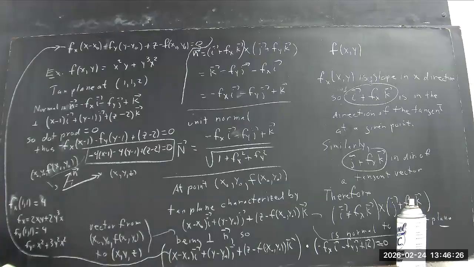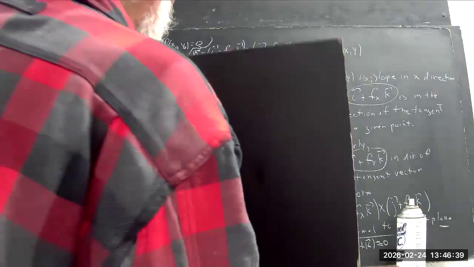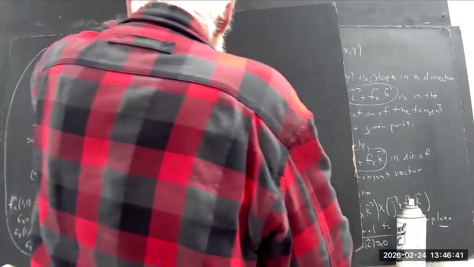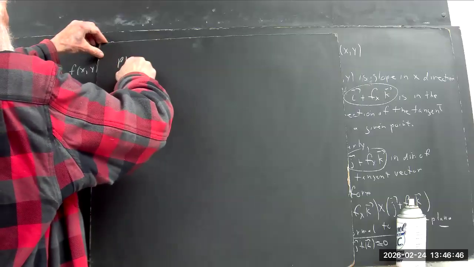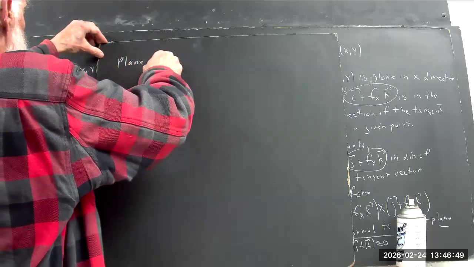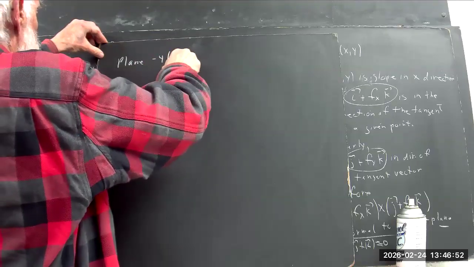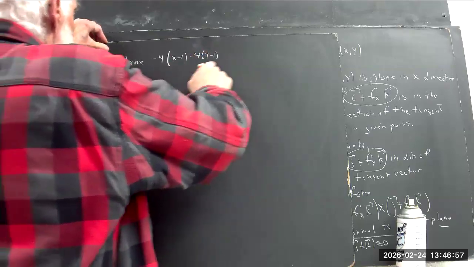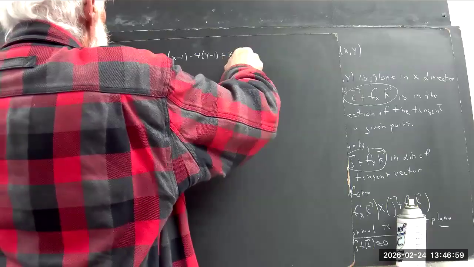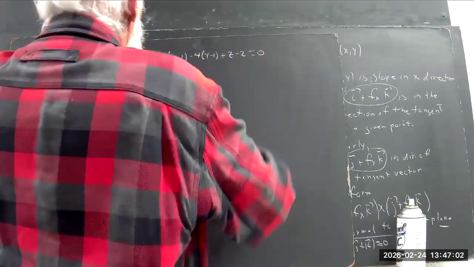Now, the point I want to make is that near the point 1, 1, the value of the function is close to what you would get on the tangent plane. So again, the plane is negative 4 times x minus 1, negative 4 times y minus 1, plus z minus 2 equals 0.